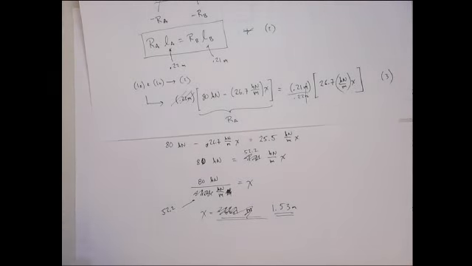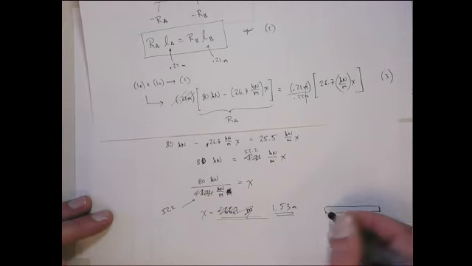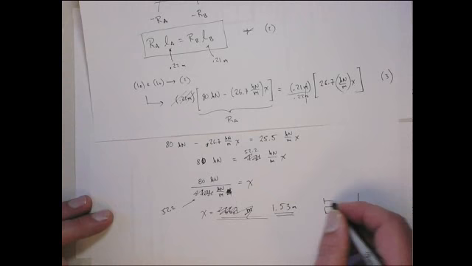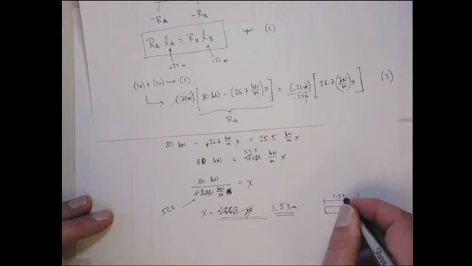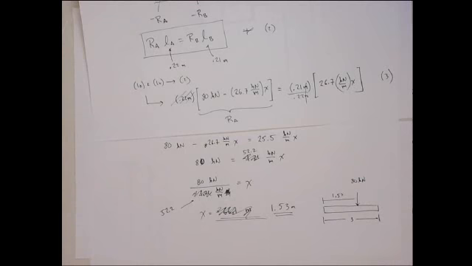So a much more reasonable number. Obviously a negative 66 would be off the beam, but X is positive this direction. So that means that this distance here should be 1.53, a little over halfway, because the whole length is 3 meters. Okay, and this is the 80 kilonewtons. Okay? All right.